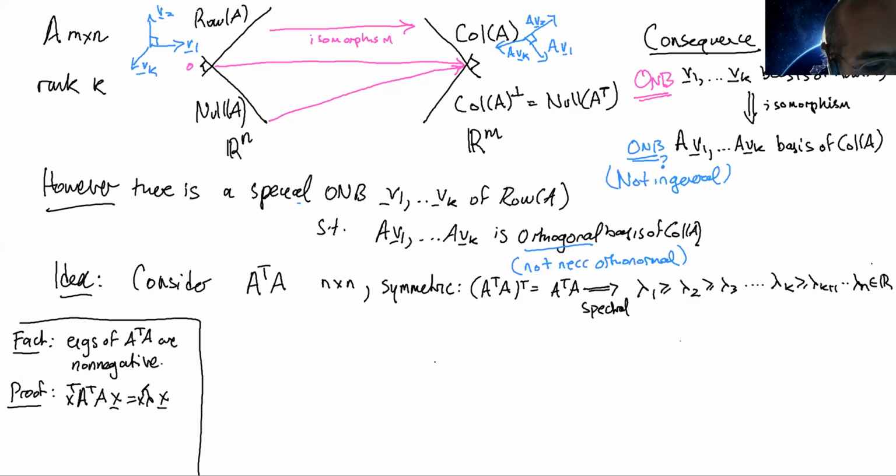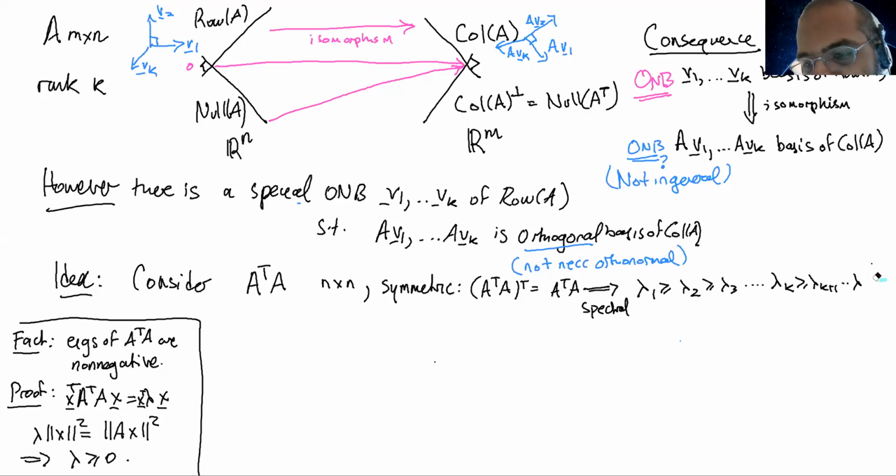Then lambda times the norm of x squared equals the norm of Ax squared, because the first quantity is the norm of Ax squared. This implies lambda might be 0, but it cannot be negative. So it's a short proof, and you even strengthen this: these numbers are non-negative. A is any rectangular matrix; you look at A transpose A, and you get a symmetric matrix with non-negative eigenvalues.